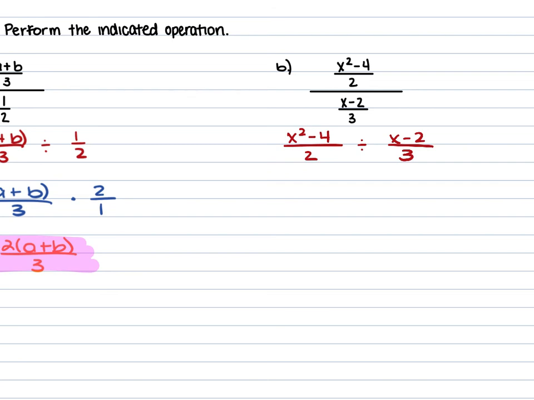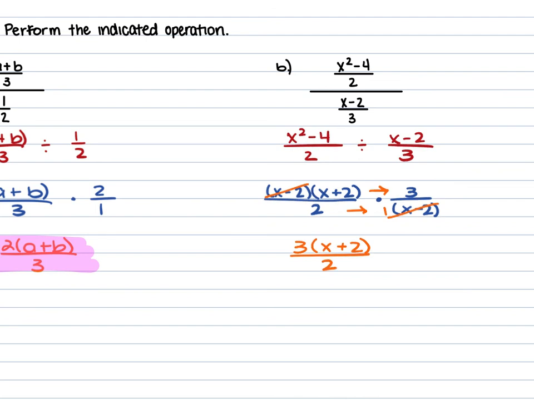So when we rewrite this and keep, change, flip, we're going to have x minus 2 times x plus 2 all over 2 times 3 over x minus 2. Those x minus 2's are diagonal from one another, so they cancel out, and we can just multiply straight across. And we would have 3 times x plus 2 all over 2.